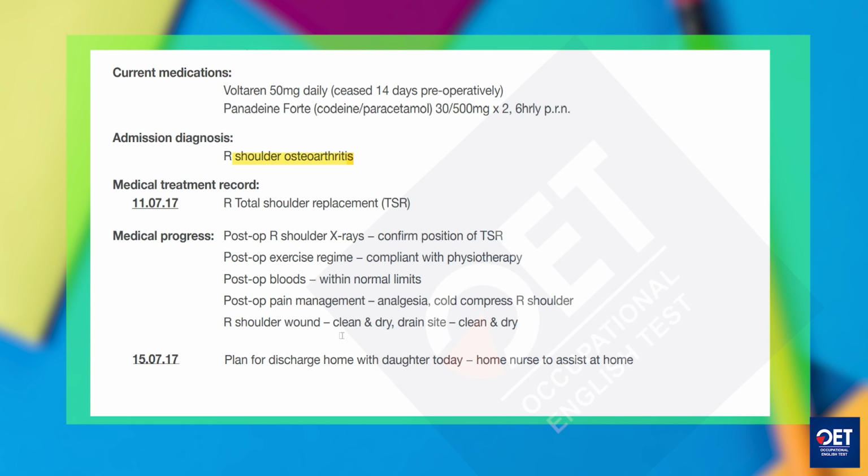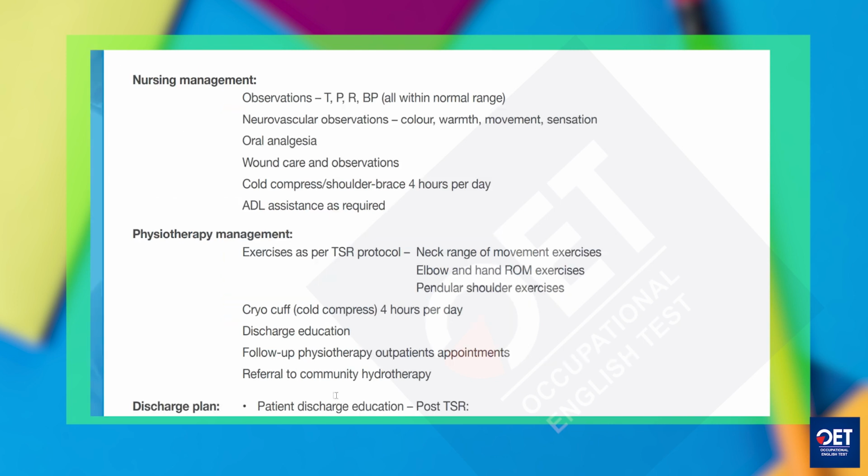Bloods were within normal limits, pain management was done with analgesia and cold compression for the right shoulder, and the right shoulder wound was clean and dry and the drain site was also clean and dry. On 15th of July, there was a plan for discharge home with daughter today. So today is 15th of July. She is to be discharged home with her daughter and they also need a home nurse to assist at home.